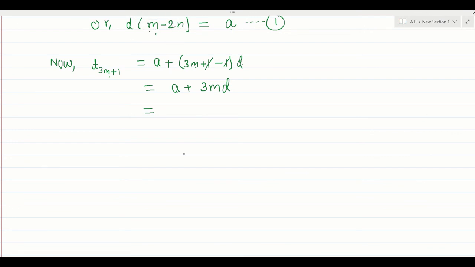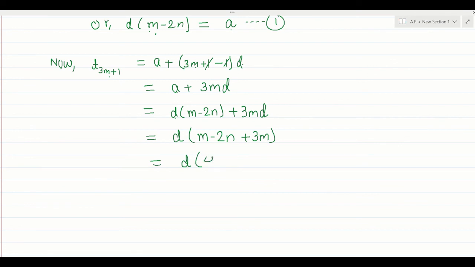Again, value of A is D in bracket m minus 2n. So let's put the value of A. D in bracket m minus 2n plus 3mD is copied, equal to, now here is D, here is D. So D is common. After taking D common, we are left with m minus 2n plus 3m.